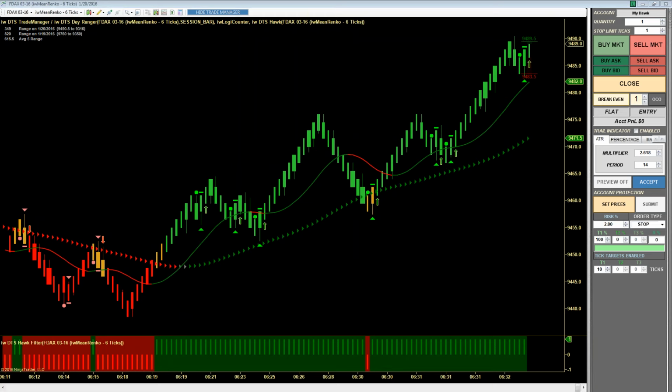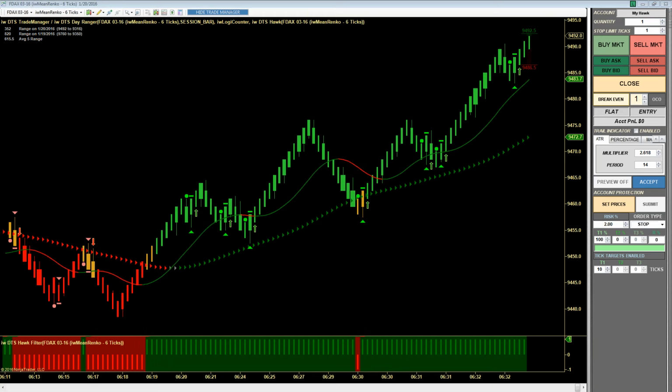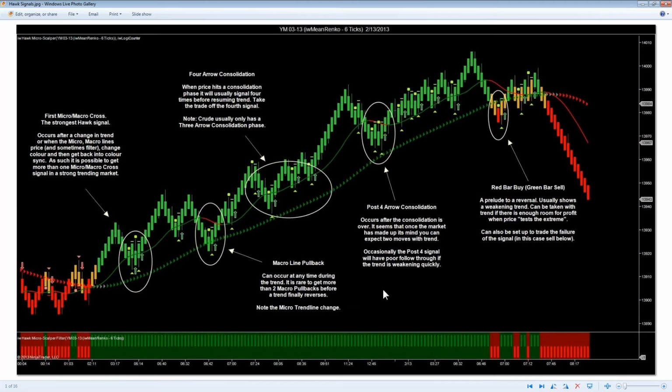Now, I know you're thinking to yourselves, how in the world do I know which signals to take and which signals not to take? Well, we have a cheat sheet for the tools, and we review the signals every day in the trading room. So with your Hawk, you're really just looking at these 5 basic signals. So our first micro-macro cross signal, the macro pullback signal, which is a signal where everything is in sync except the micro trend line.